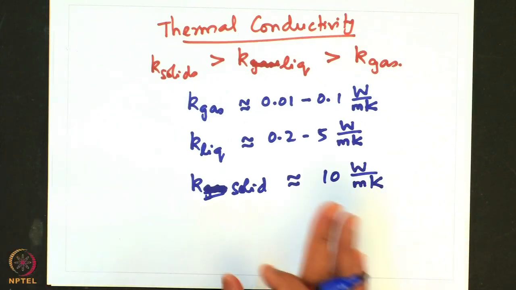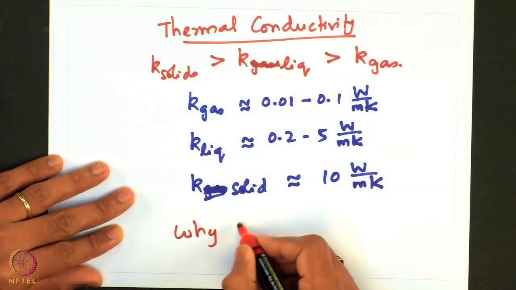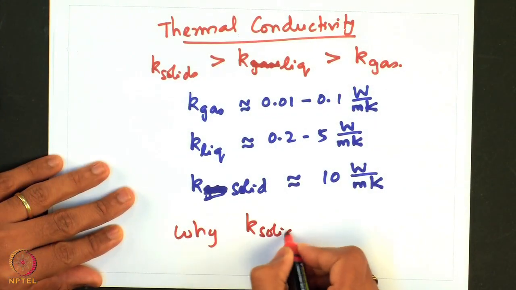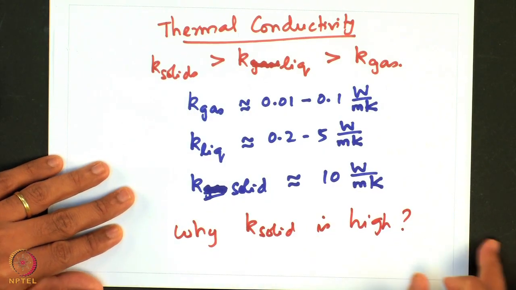So, one may ask why there is a difference in the thermal conductivities across different types of materials. Why is the thermal conductivity of solids high? What could be the reason?